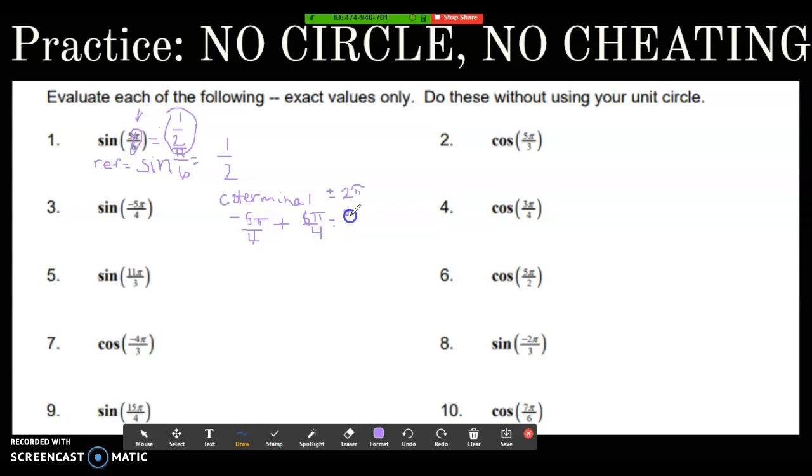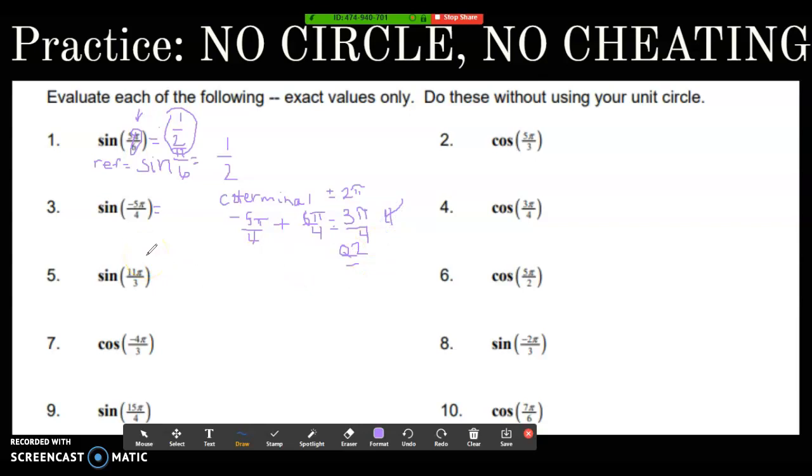That means that the positive coterminal angle is 3 pi over 4. And let's think about it. 3 pi over 4 on the unit circle is in quadrant 2. Now remember, this is coterminal with negative 5 pi over 4. So the sine of negative 5 pi over 4 is the same as the sine of 3 pi over 4, which is in quadrant 2.